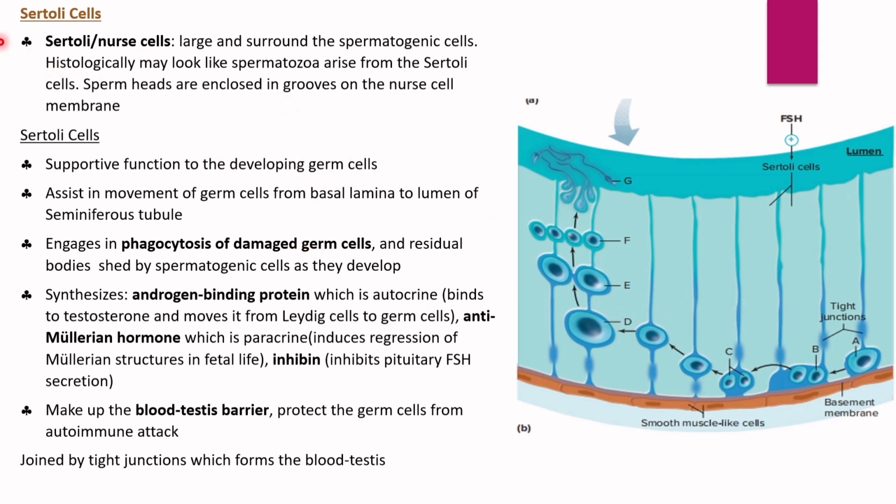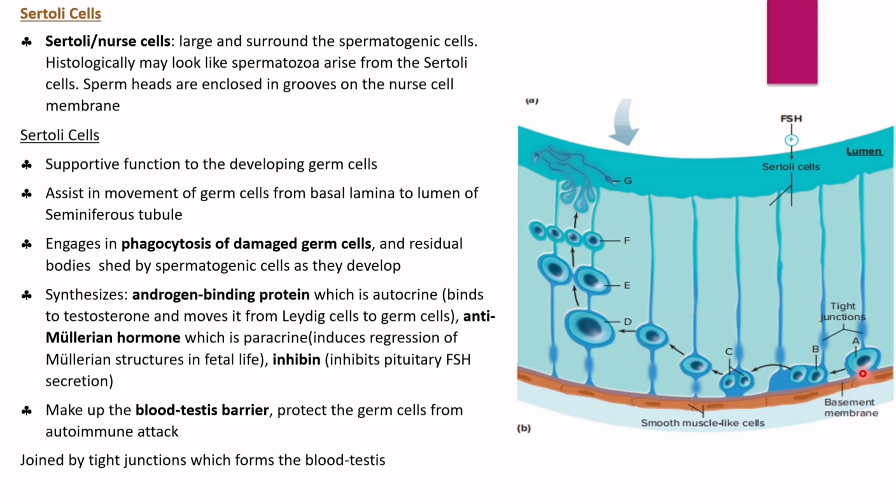In the seminiferous tubule, we have cells which you call Sertoli cells, also called nurse cells or sustentacular cells. These cells help to act as the support of the developing spermatocytes. Here we're just showing the process of spermatogenesis.